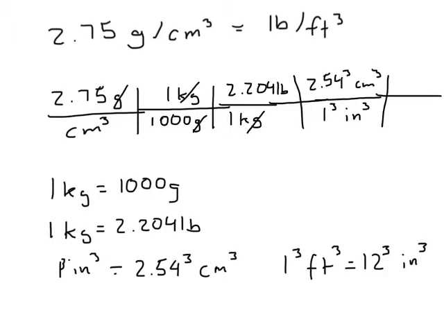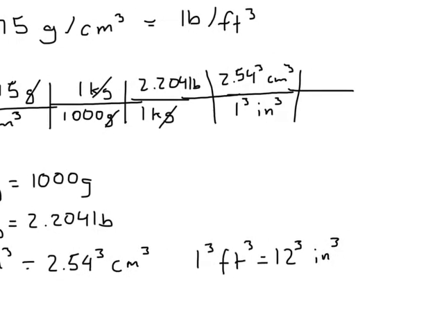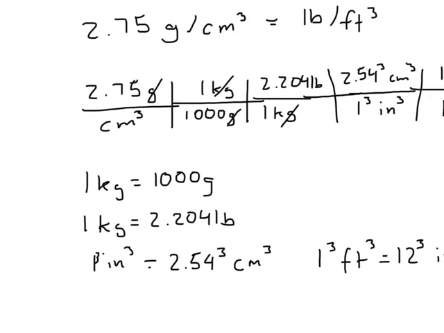And lastly, let me scroll over a little bit here, running low on room, is going to be my inches cubed to foot cubed. So 12 cubed inches cubed for 1 cubed foot cubed. And so now centimeters cubed cancels.